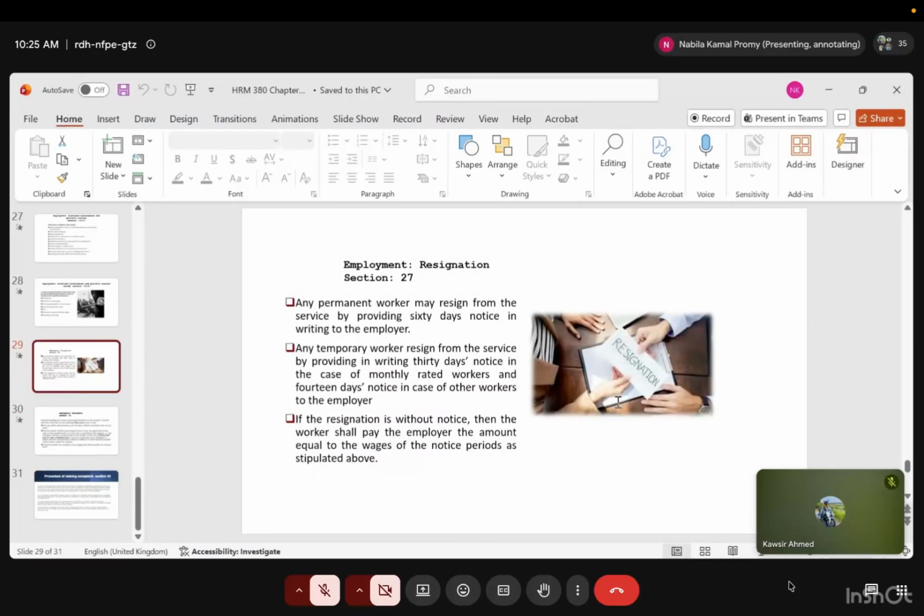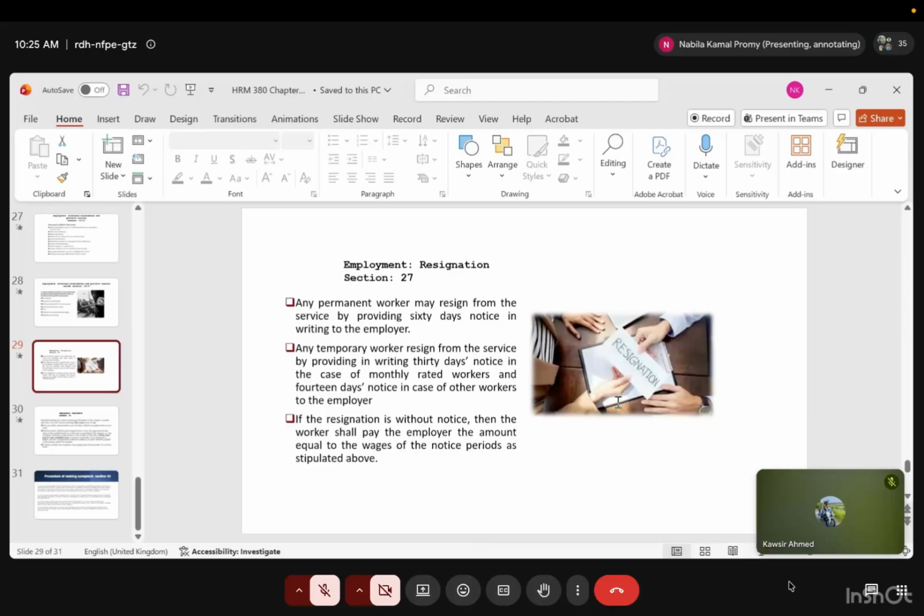So in slide number 29 we have resignation. I think you have more or less heard a lot about resignation before. Resignation is when an employee is leaving the company. The employee doesn't want to be in the company anymore and is willingly leaving. That's what resignation is.